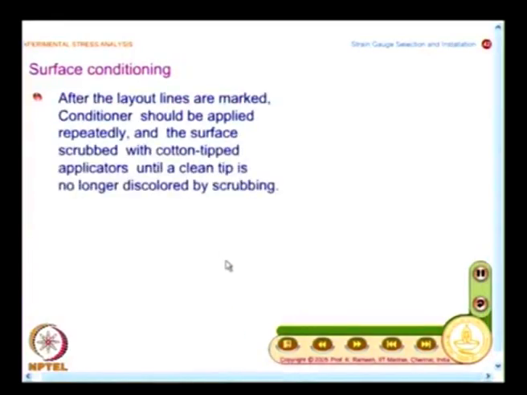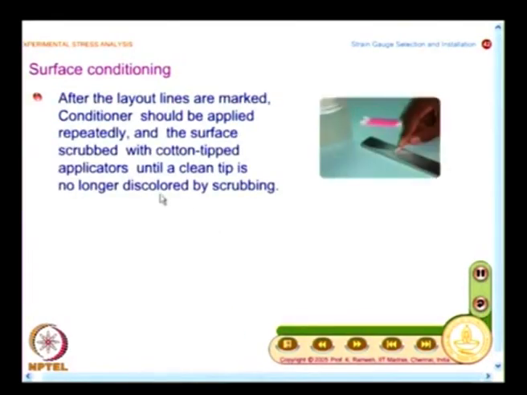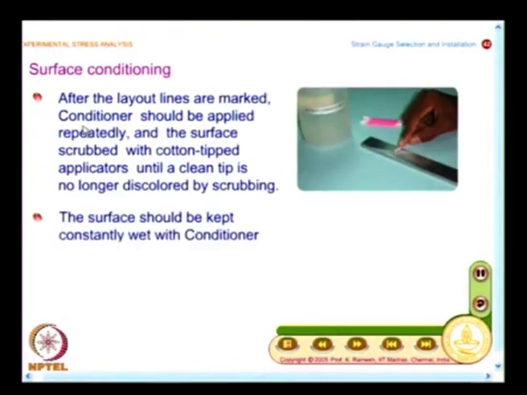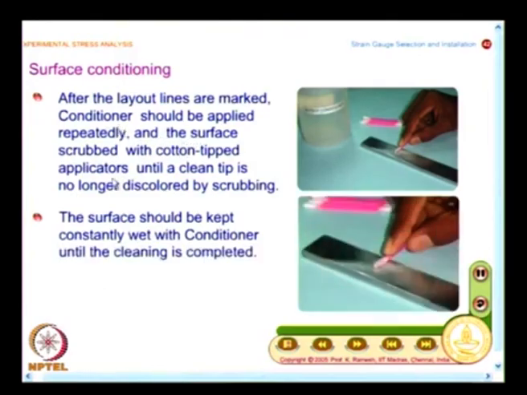And once you put the graphite line, you need to remove that carbon. So, you apply conditioner and use cotton tipped applicators until a clean tip is no longer discolored by scrubbing.